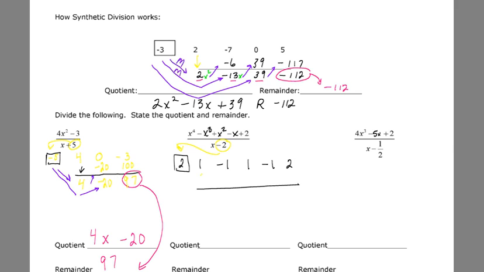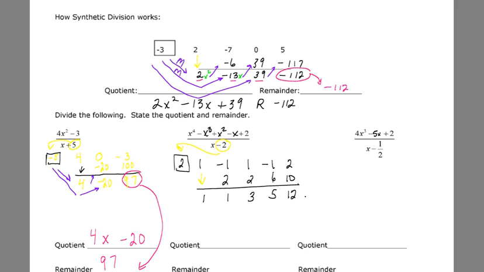Let's drop down the first coefficient, and let's start the procedure. 2 times 1 is 2. Subtract 1, we get 1. 2 times 1 is 2, plus 1 is 3. 2 times 3 is 6. Minus 1 is 5. 2 times 5 is 10. Plus 2 is 12.